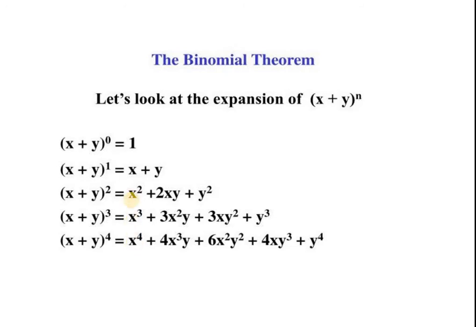Here again 1 and 3; adding 1 and 3 we put 4. 3 plus 3 is equal to 6, 3 plus 1 is equal to 4, and this will be 1. So we can write the formula with the help of Pascal triangle or by using the binomial theorem.